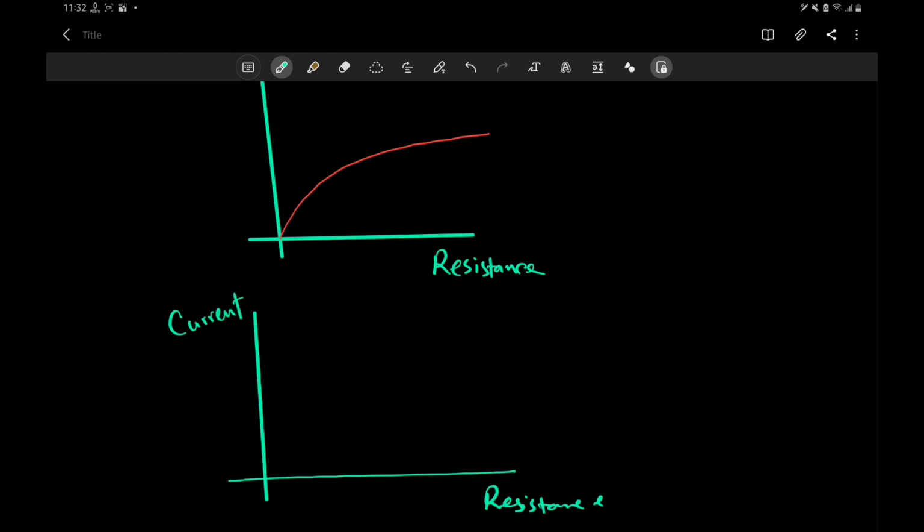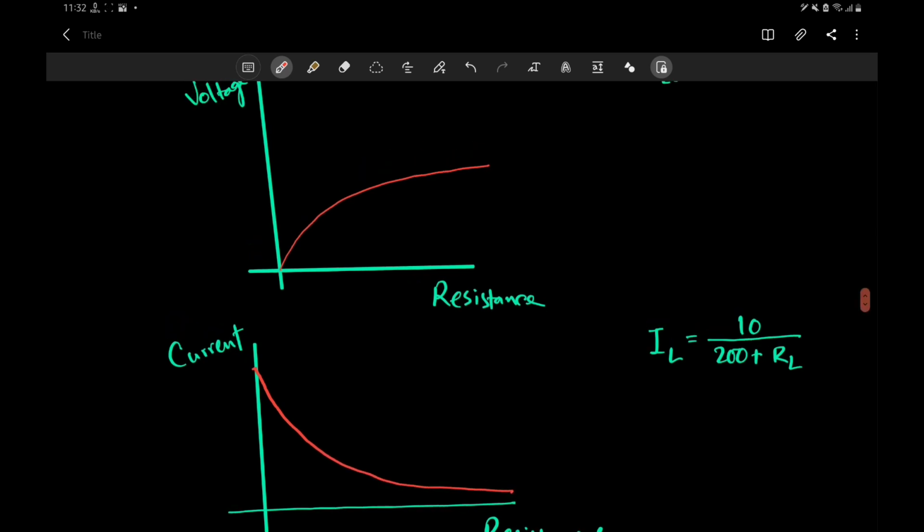We calculated the current as the whole 10 volt divided by the total resistance, 200 plus RL. If we plot the current, when the resistance is 0 you get a high value, and from then it will start to drop. Okay, so that's the balancing act.